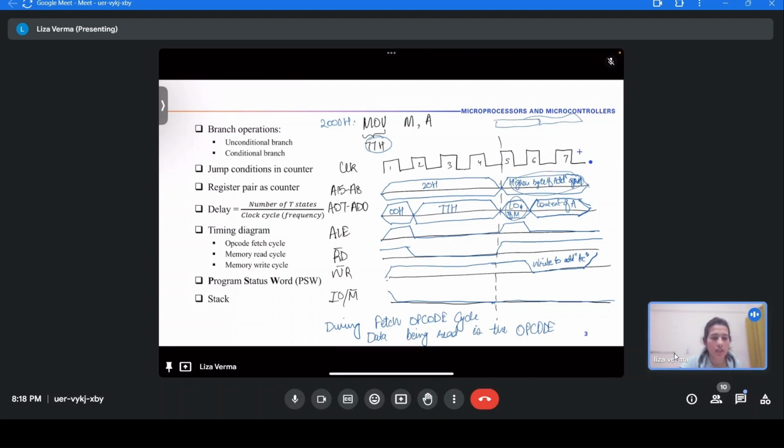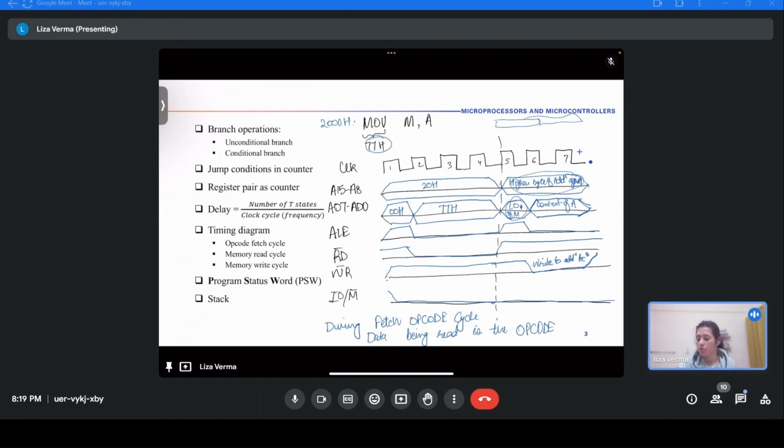Stack, I think we discussed last time also. It acts as last in, first out. It can be used to store the current status of the microprocessor, or it can be used to store data.